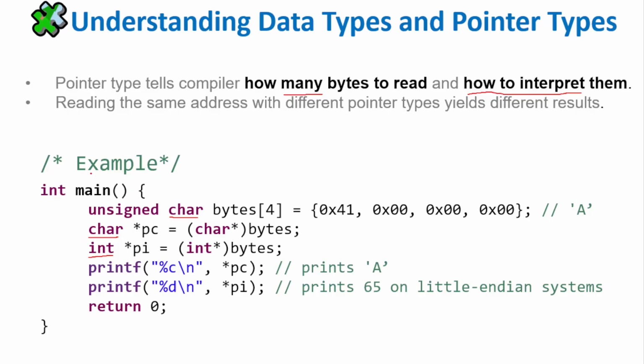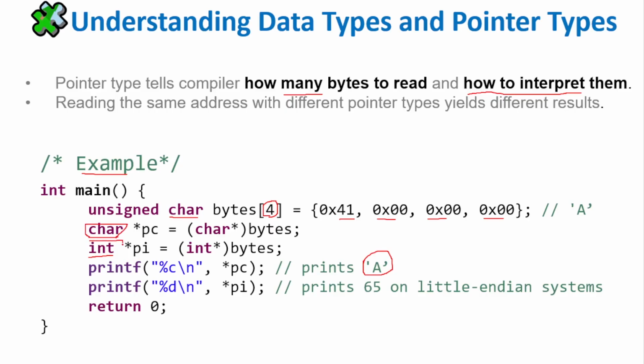A mismatch can lead to incorrect data, corrupted memory, or unexpected behavior. See the example, please. In this example, we define an array of 4 bytes initialized as 41, 0, 0, 0, where the hexadecimal value 41 represents the ASCII character A, and the remaining bytes are 0.